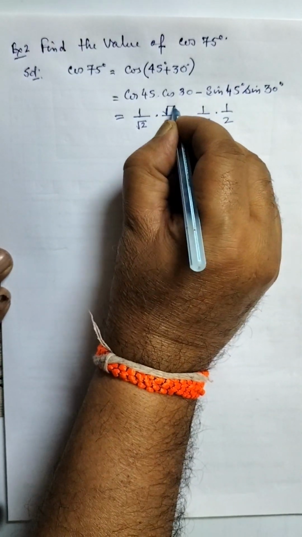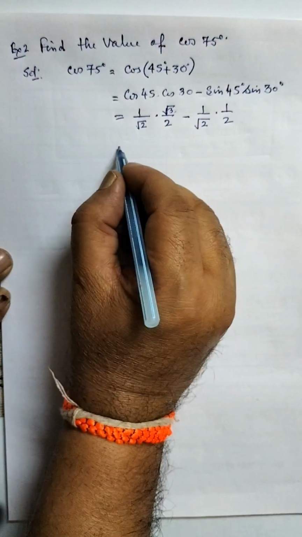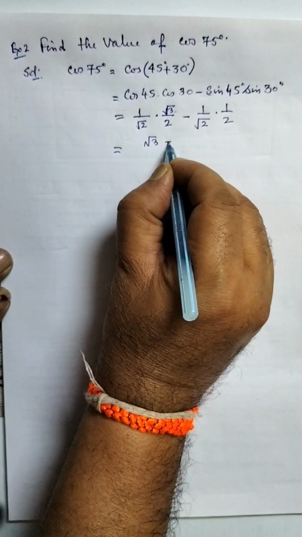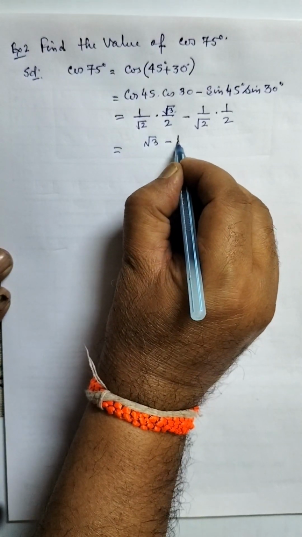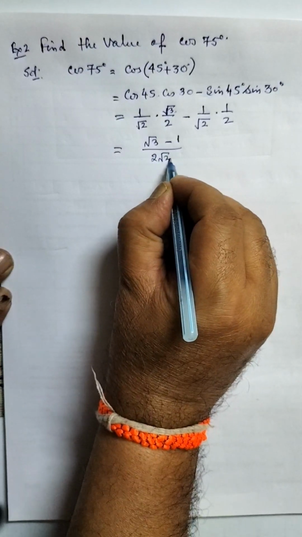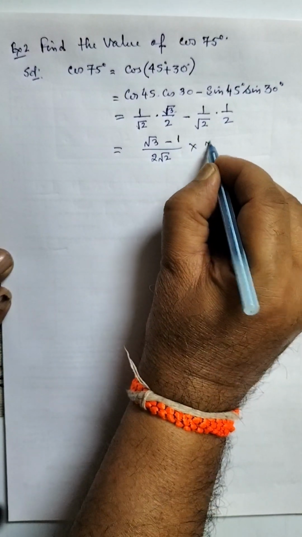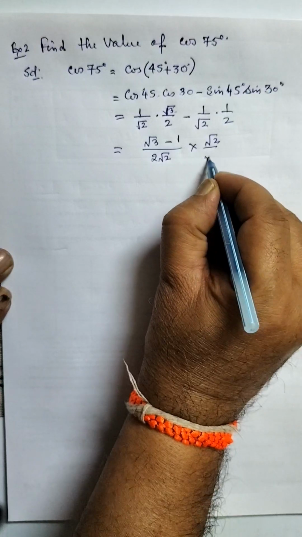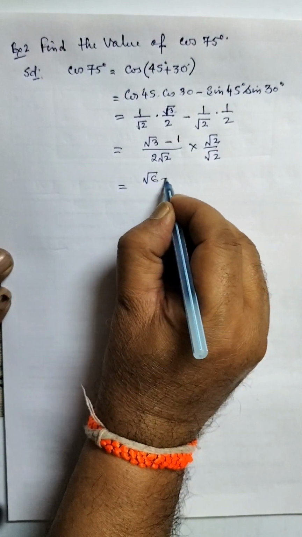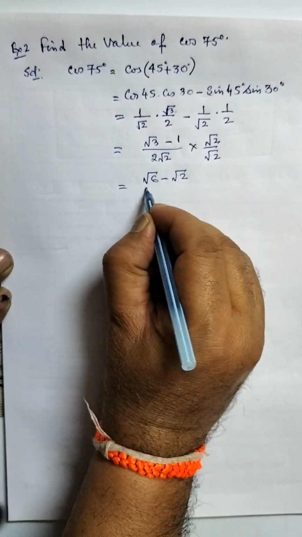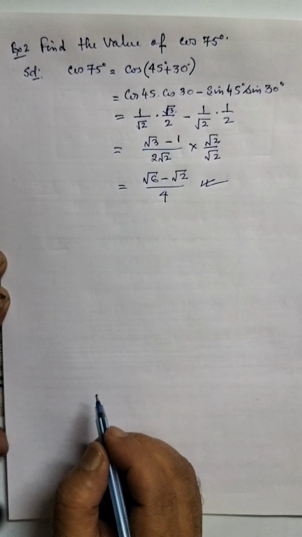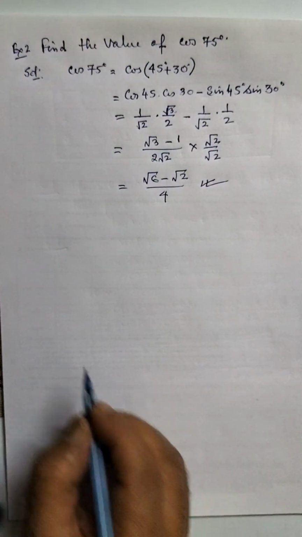Now simplify this, we get root 3 minus 1 upon 2 root 2, multiply by root 2 and root 2, that gives you root 6 minus root 2 upon 4. This is our answer. Let's see next question.